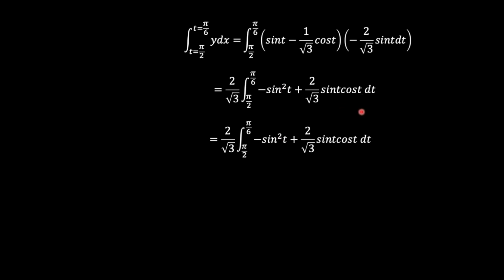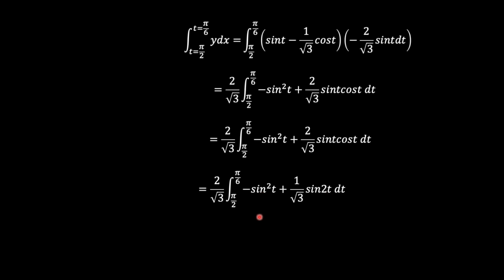We're going to express everything in the double angle formula, but first of all, we've got to investigate. So we have a 2 here, and then we don't have a 2 here. So what we're going to do now is express negative sine squared t in cosine 2t format, but this one here is the same as sine 2t over 2, and that 2 cancels with the 2 in the numerator. So here we have 1 over root 3 sine 2t.